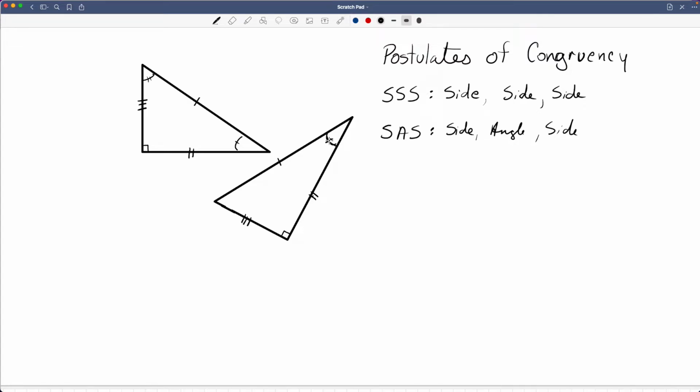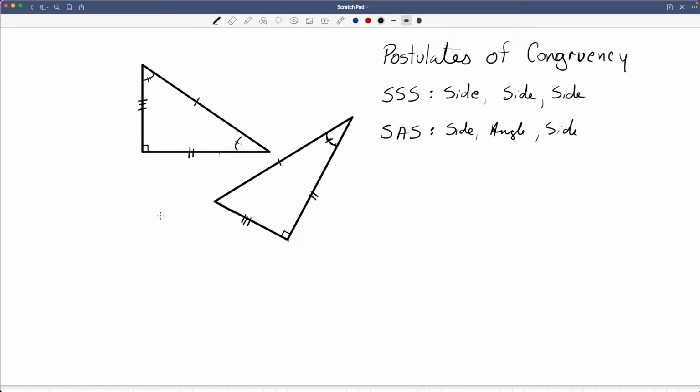This angle determines how far apart these two sides are from each other. That's just the way it works. The angle here determines the height or the length of these two points. So if you have a side and an angle and a side that are congruent to one another in two triangles, then by default, the height between this length and this length point are going to be congruent.